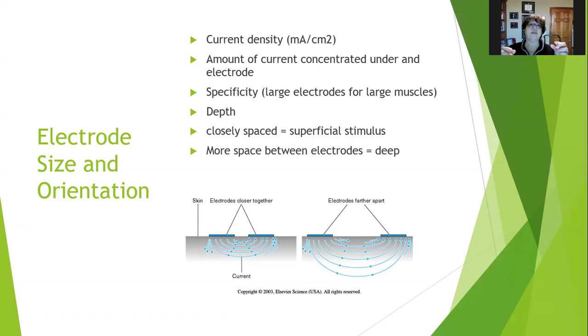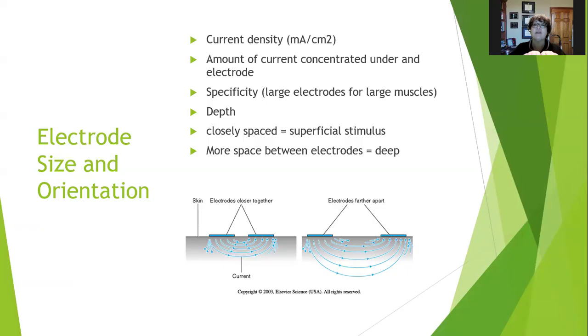The depth of the electricity penetration into your tissues depends on how closely spaced the electrodes are. You don't want them so close that they're touching. You want them at least maybe 2 finger widths apart, about an inch apart, or 2.5 centimeters if you like.